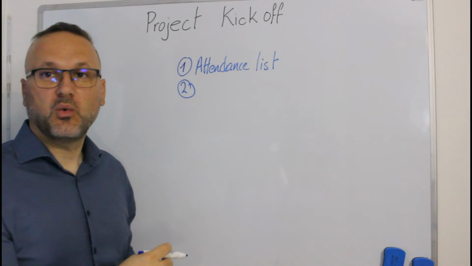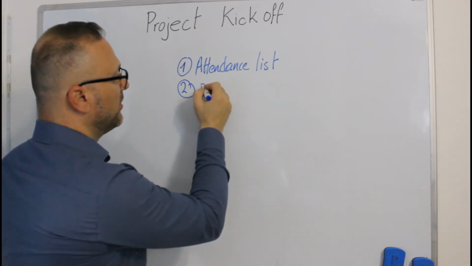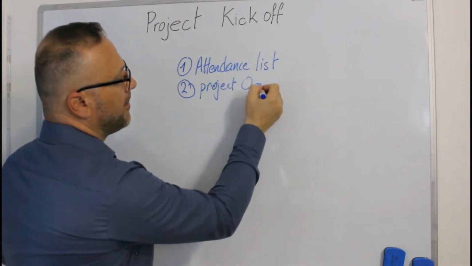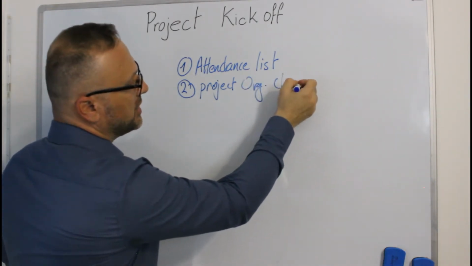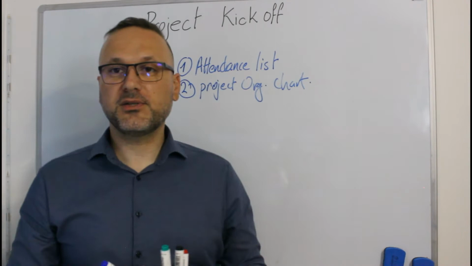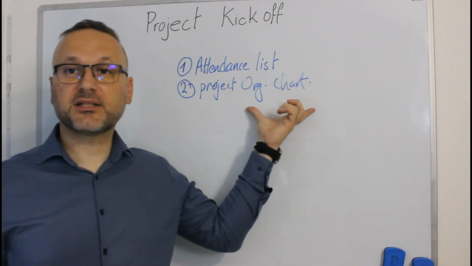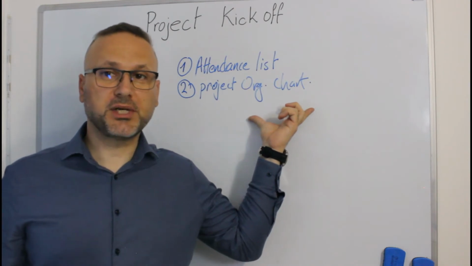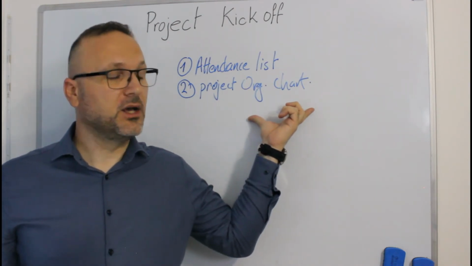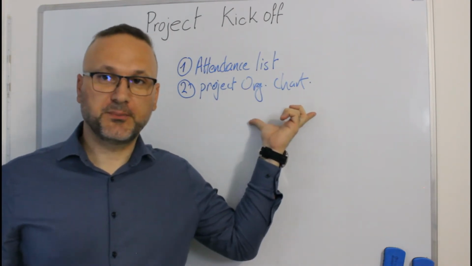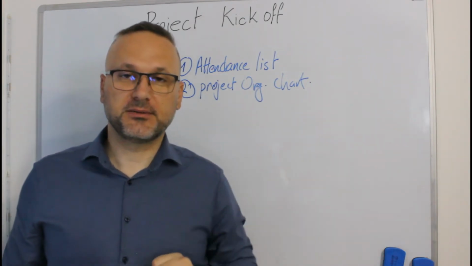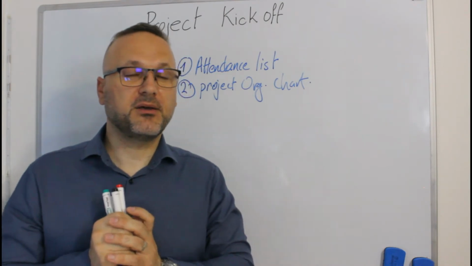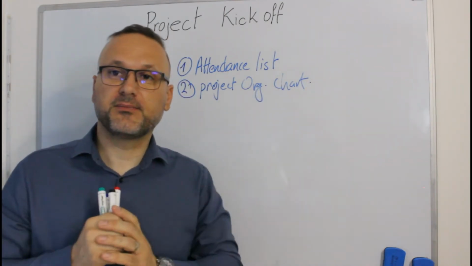Second will be the project organizational chart. This is the important part where you will tell the project team who is reporting to whom, who is the management here, who is preparing the whole things for the others.